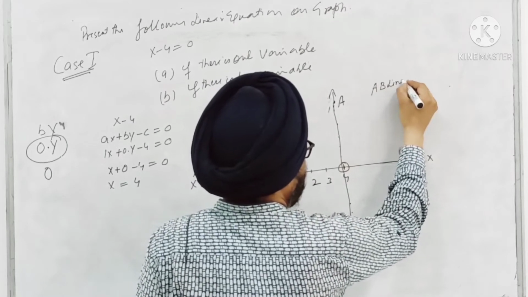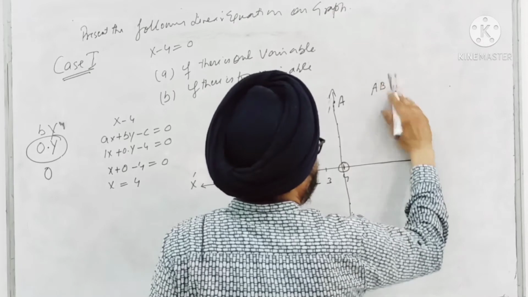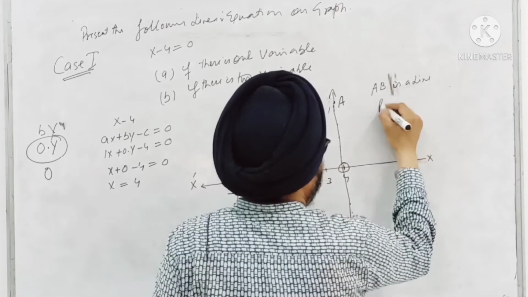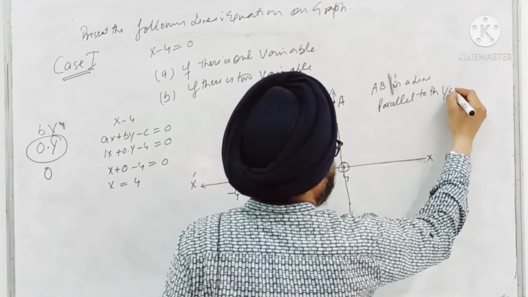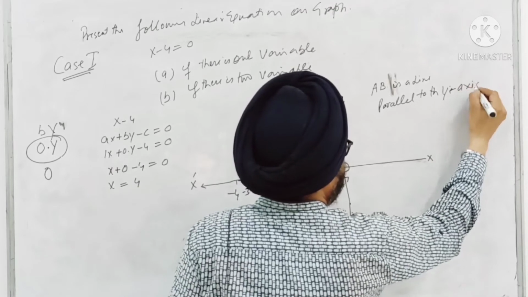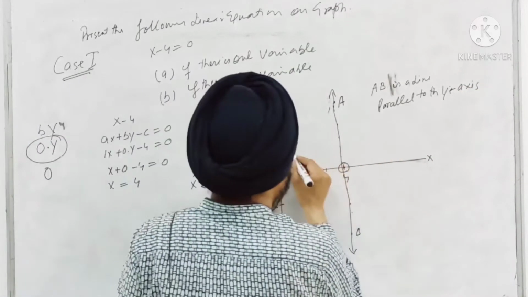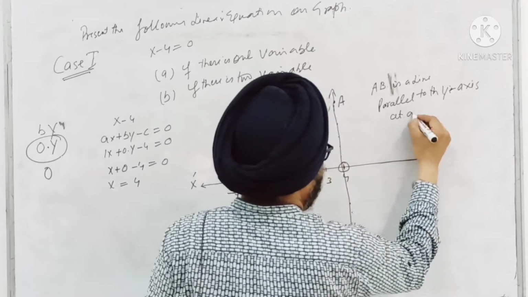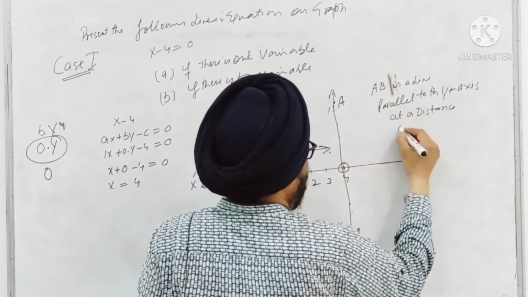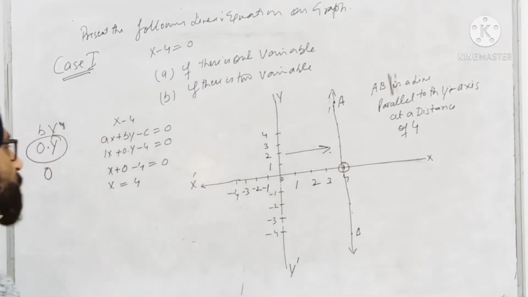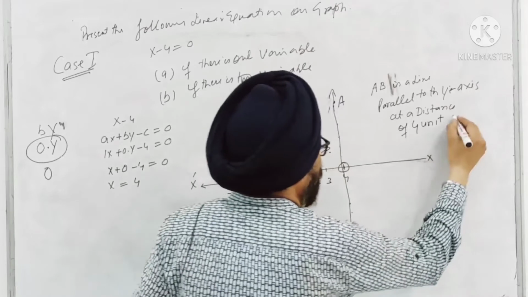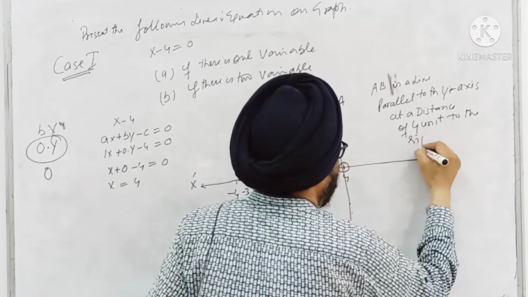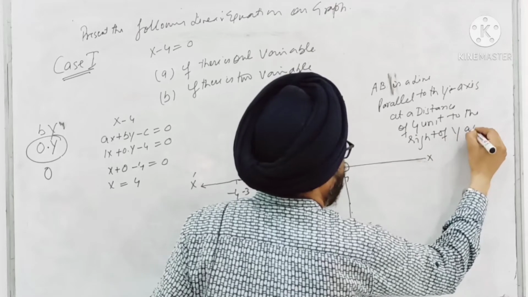AB line is a line parallel to the y-axis. It's just parallel to the y-axis at a distance of 4 units to the right of y-axis.